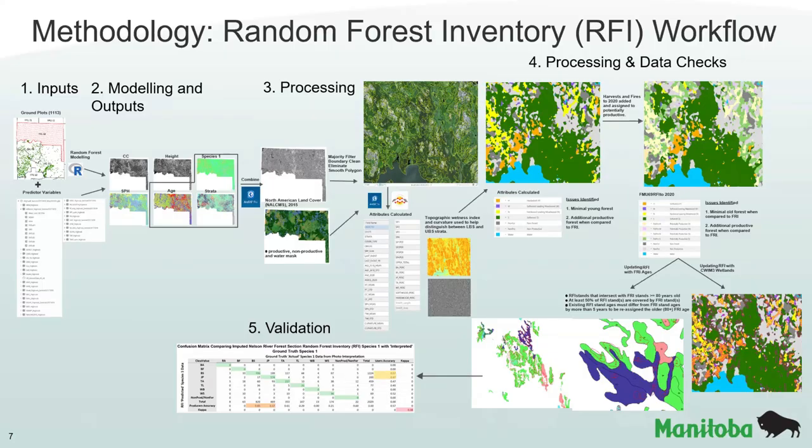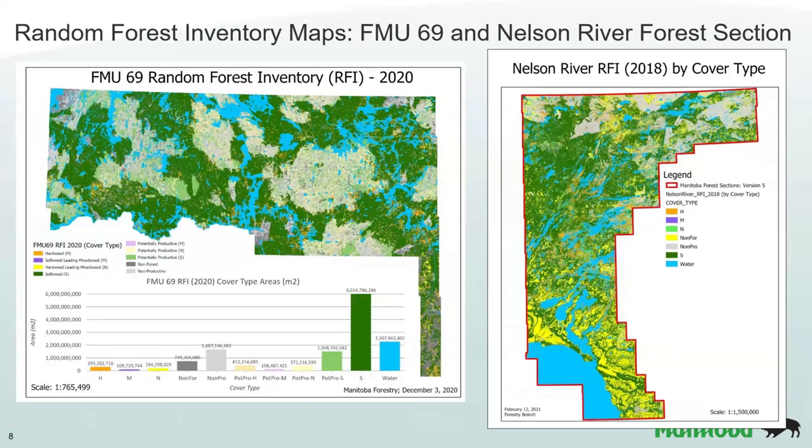So that was our preliminary approach to doing an inventory using random forest modeling. This is just a couple of maps identifying the outputs for those two regions.